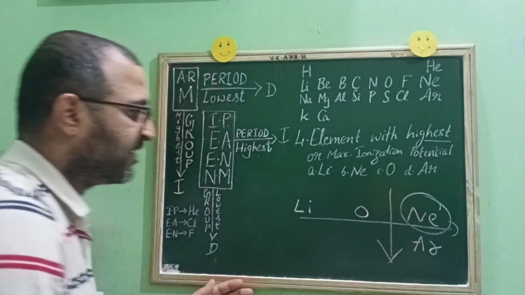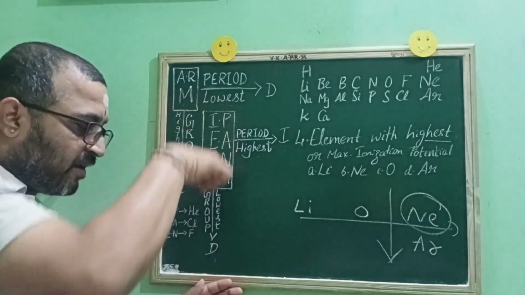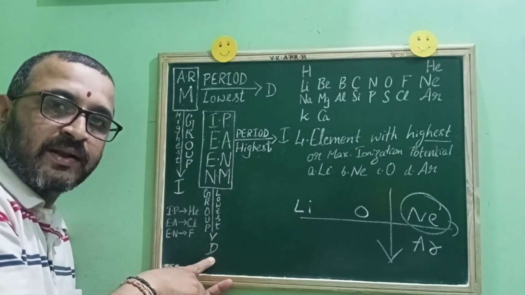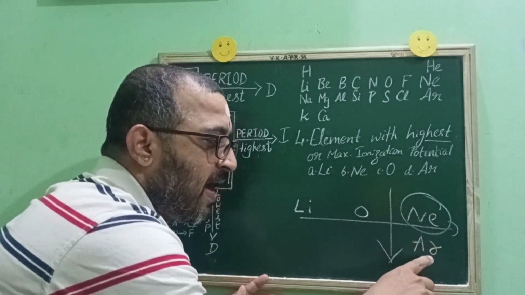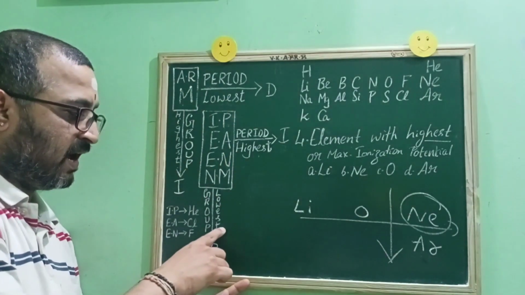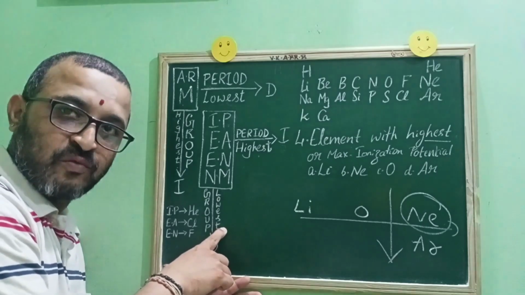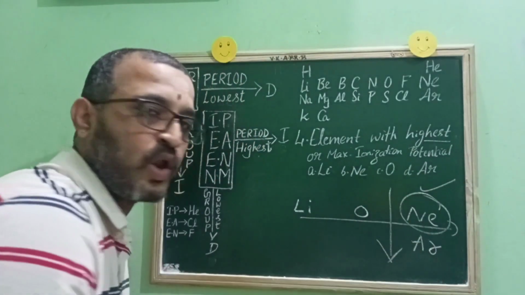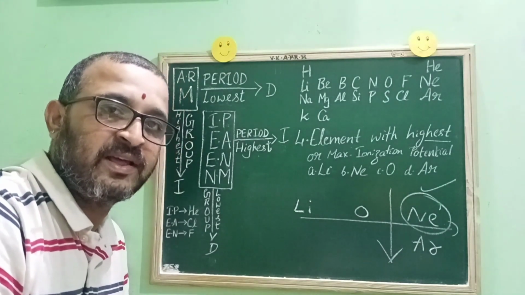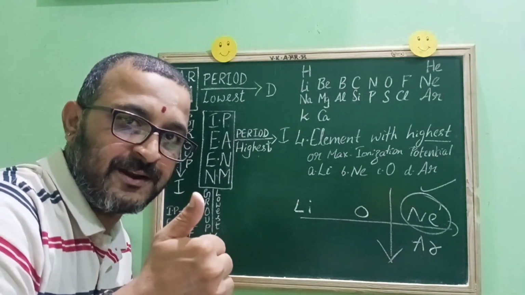So common sense says that ionization potential, when we go down the group, is going to what? Decrease. That is, out of neon and argon, argon is the one having what value? Lowest value. Now the answer for this one will be neon with the highest ionization potential. Okay, children?